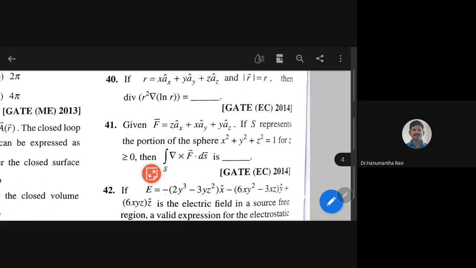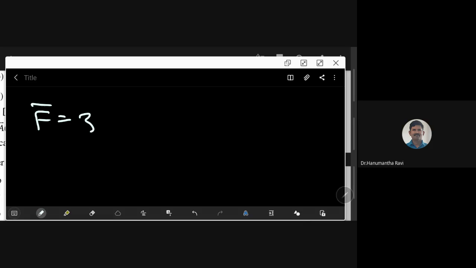So f bar is z into I bar plus x into j bar plus y into k bar.